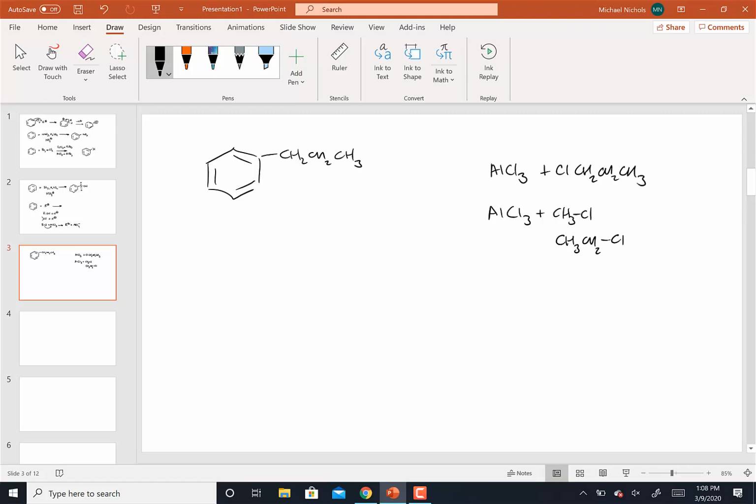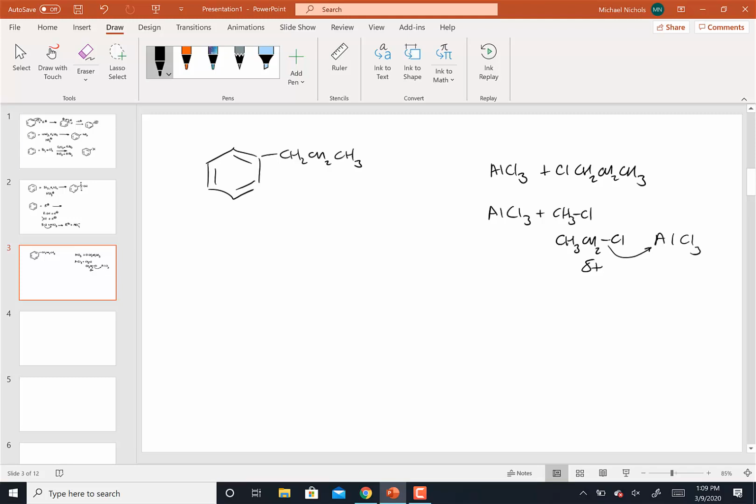But what happens is you don't ever form a methyl or an ethyl carbocation. What happens in this case is, because those two molecules, methyl and ethyl, cannot rearrange, your aluminum trichloride is going to pull the chlorine off until you get enough delta positive charge on that carbon that it's then going to add into the ring.